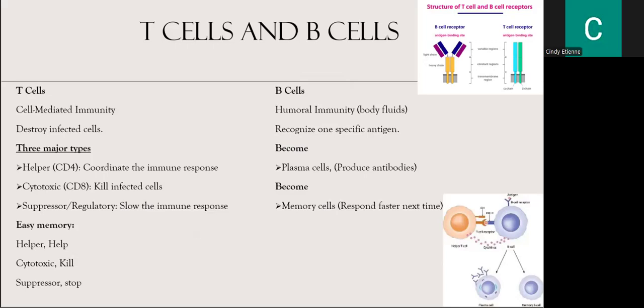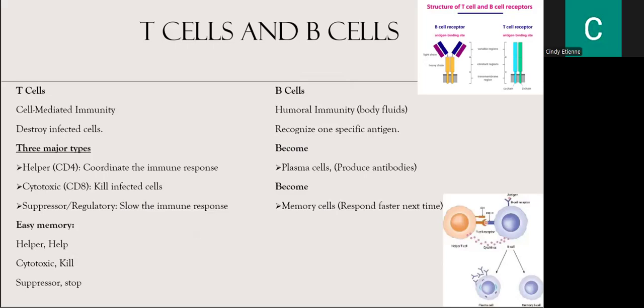T cells recognize these threats because the foreign cells display different surface antigens and do not match the person's own major histocompatibility complex, or MHC. These differences tell the immune system that this is not self, this is not us, and should be eliminated.